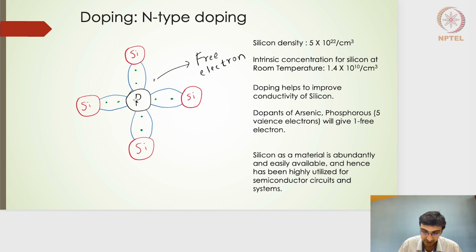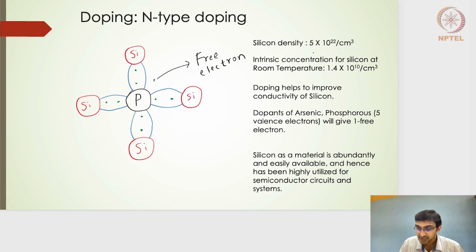So I will have a silicon in the middle, and the neighboring atoms, with which it forms covalent bonds, are silicon as well. That's how the silicon crystal lattice structure will look.